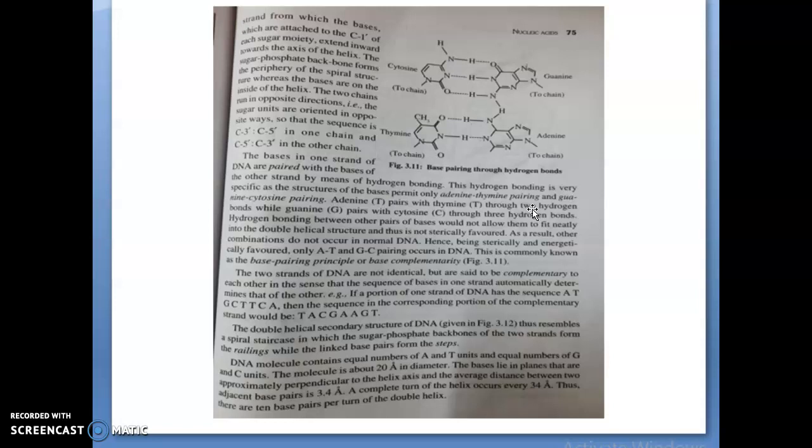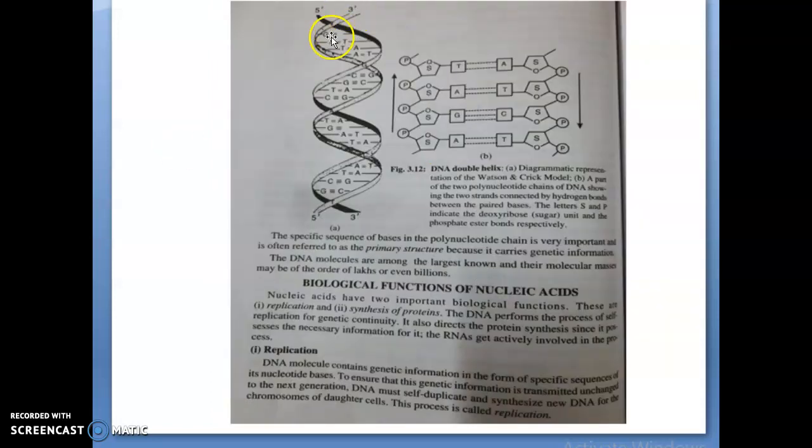See here, one turn is from here to this, and that one turn distance is 34 angstrom and contains 10 base pairs. The specific sequence of bases in the polynucleotide chain is very important.